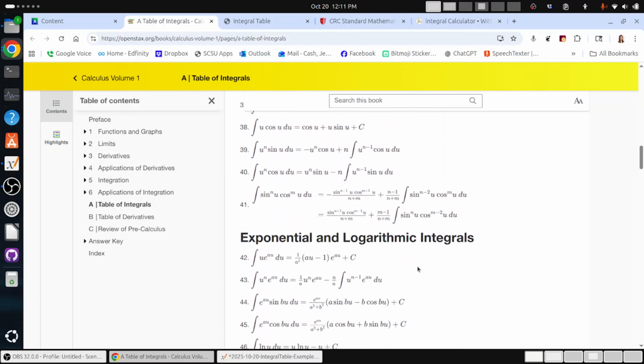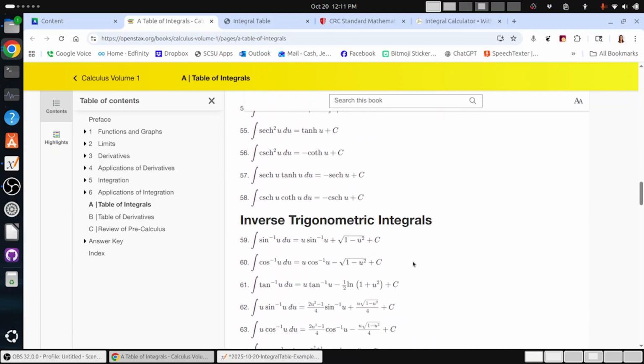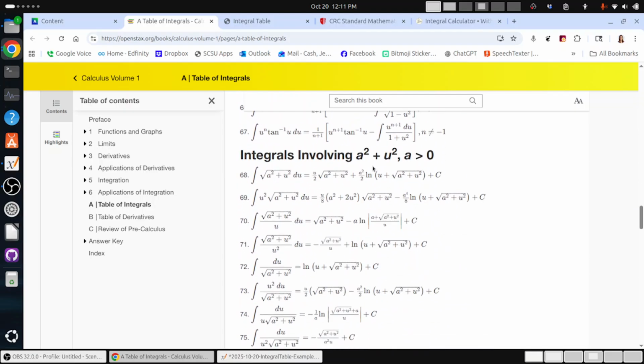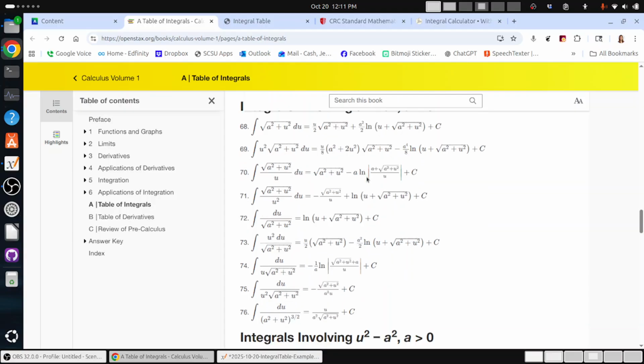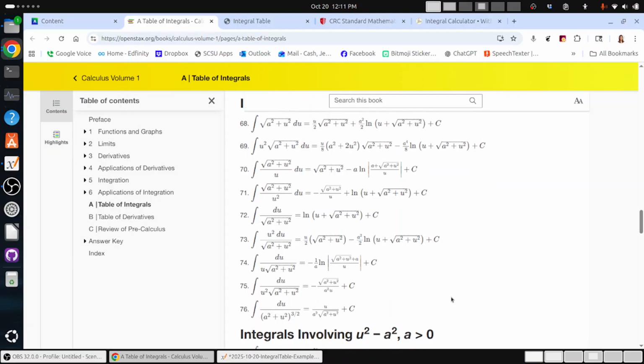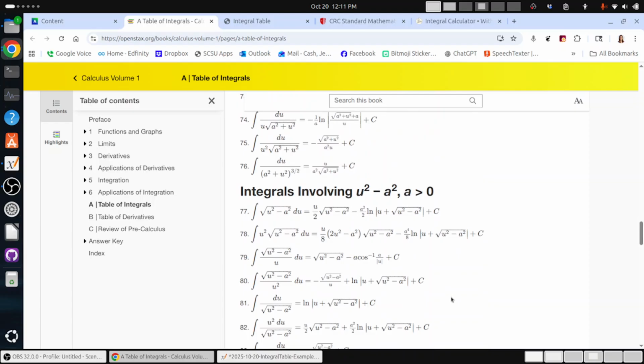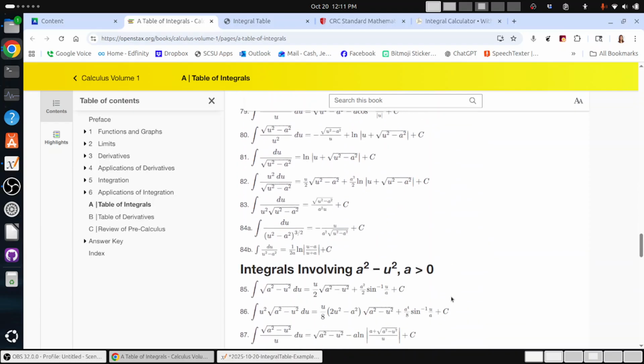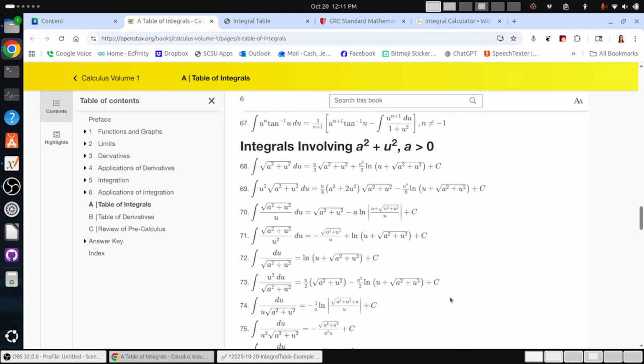Okay, we come down here. Inverse trigonometry. Oh, things with a squared plus u squared. Well, that's kind of like ours. Okay, they do have one here, but no, there's no u up on the top, so it's not in here. So we're going to have to figure out what we're doing so that we can actually find a solution.